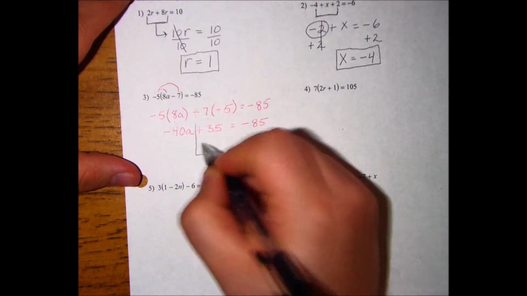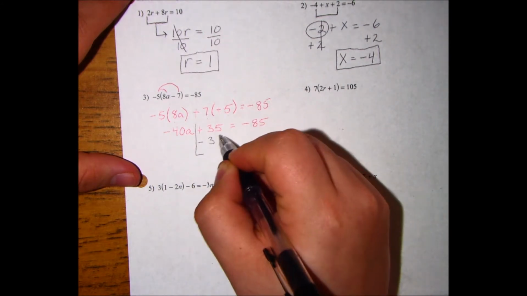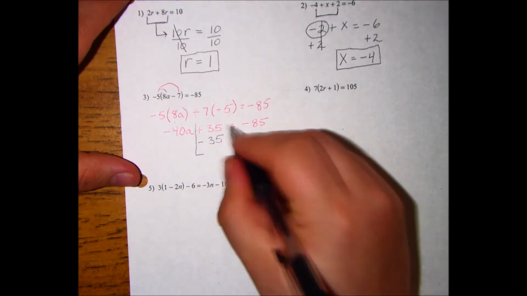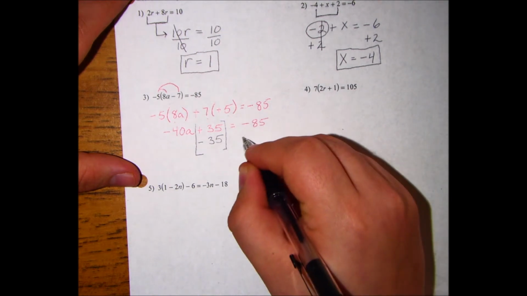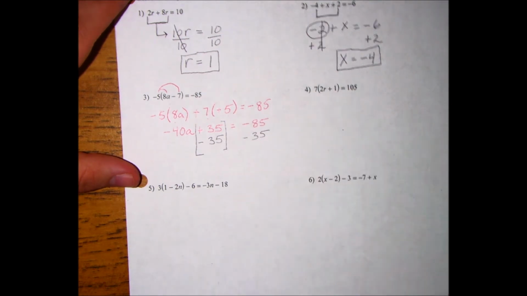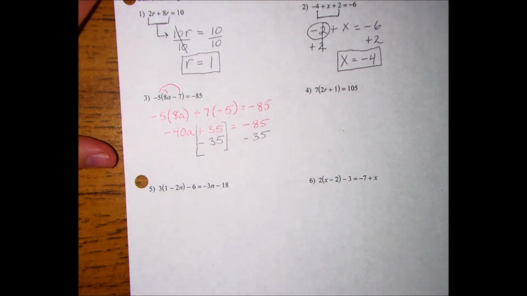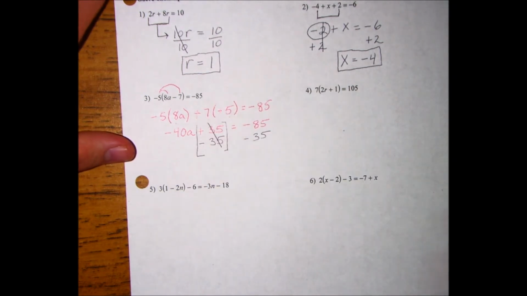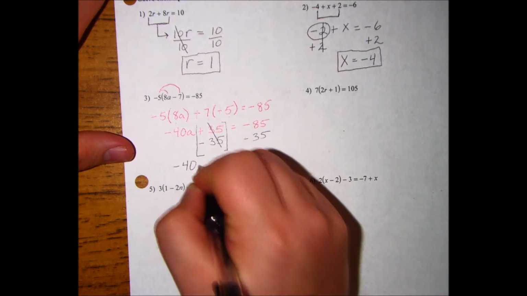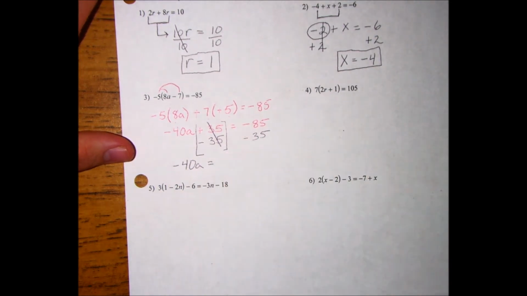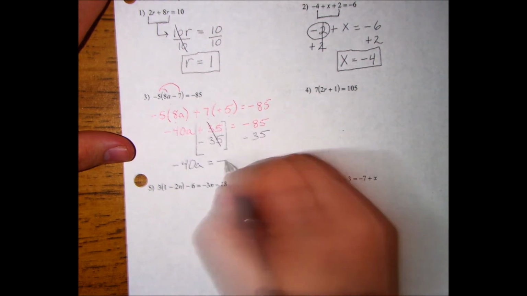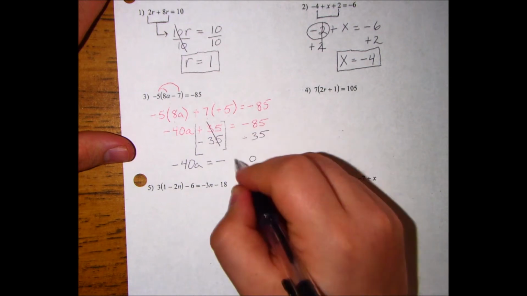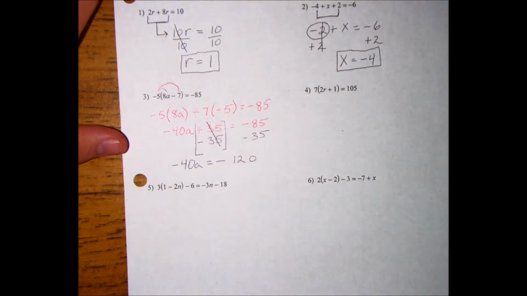And that's usually addition or subtraction. And in both cases, I'm going to subtract 35. What I do to one side, I must do to the other. The 35's cancel. I'm left with negative 40a equals negative 120.